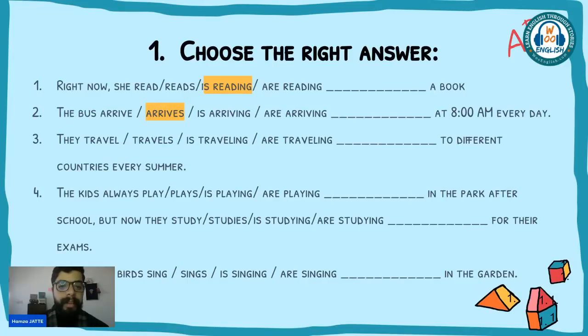Number three. They travels, is traveling, or are traveling to different countries every summer. Every summer, Getika. Every summer. This is something that repeats.